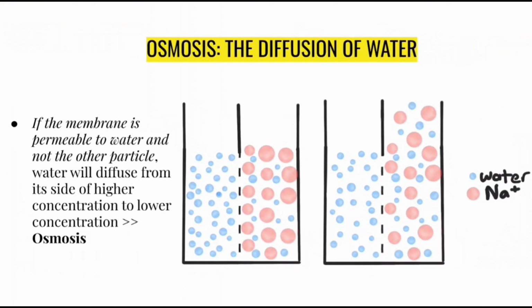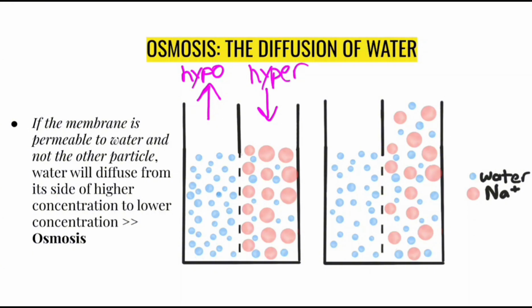Why is this so important? Well, if water has a concentration, the water concentration is higher on this side, which is the hypotonic side, and the water concentration is lower on this side, which is the hypertonic side.